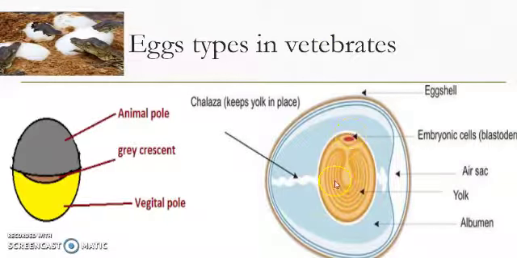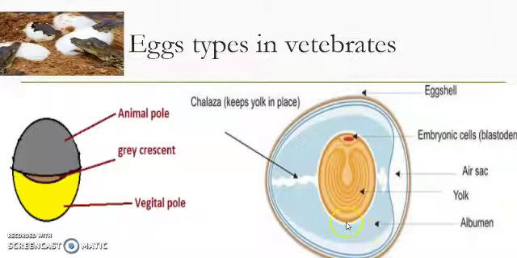Blastomeres are the cells that are formed as a result of cleavages, and the layer of blastomeres is called the blastoderm. This is the air space where the developing embryo can respire. And this one is called the chalaza, which helps keep the yolk in place.